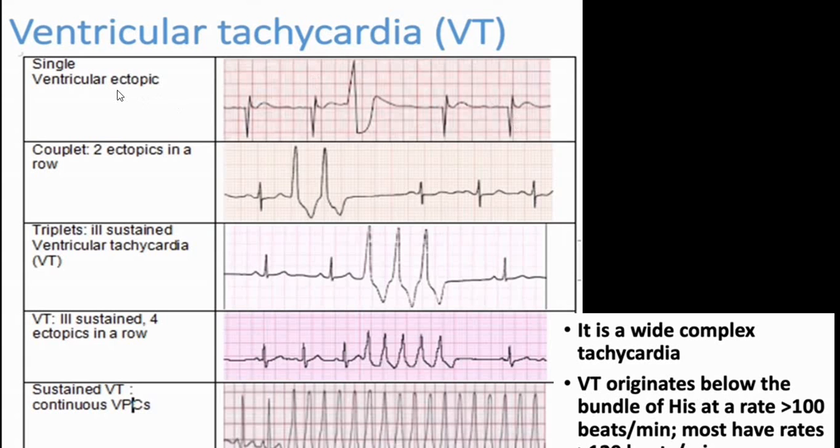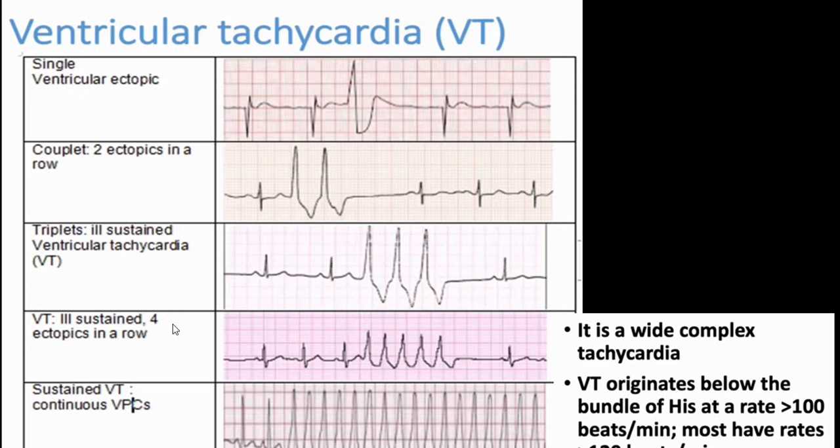Now usually it starts with one single ventricular premature beat, or ventricular ectopic. You can have two ventricular ectopics, we call couplets. When three are together, we call triplets, or we also use the term non-sustained ventricular tachycardia.